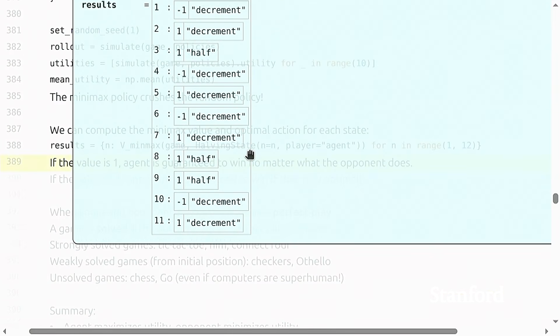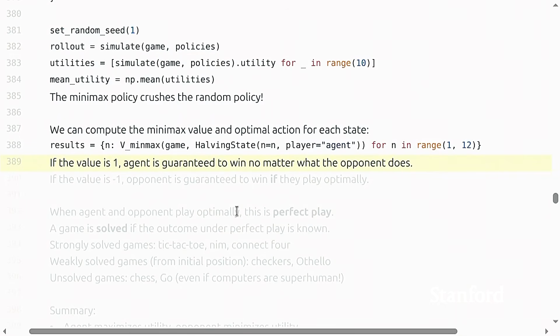So if the value is 1, the agent is guaranteed to win no matter what the opponent does, and we'll make this a bit more formal later. If the value is -1, the opponent is guaranteed to win if they play optimally.